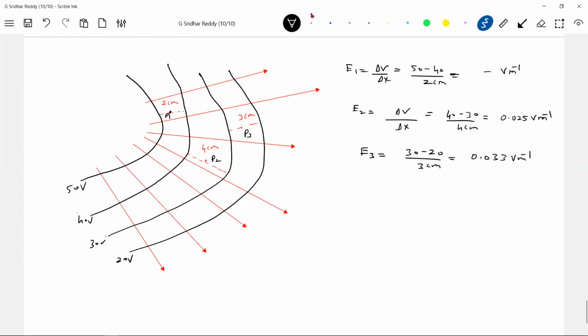This will be 250. This will be 10 by 4, 2.5. 2.5 into 10 will be 250. This will be 10 by 3, 3.33.